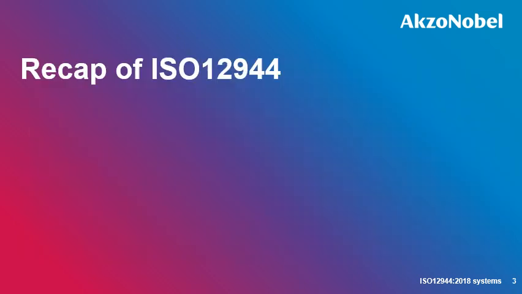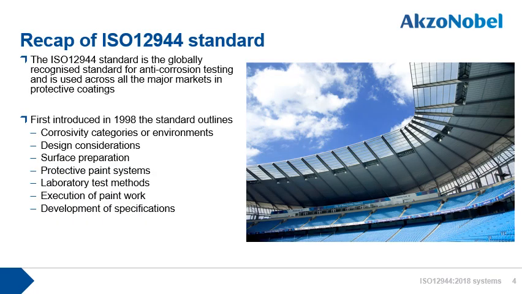In this section, we will have a quick recap of the ISO 12944 standard to refresh your memories. So to start with a quick refresher of the ISO 12944 standard, it was first introduced in 1998 as an 8-part standard, and it deals with the protection of assets by paint and coating systems.